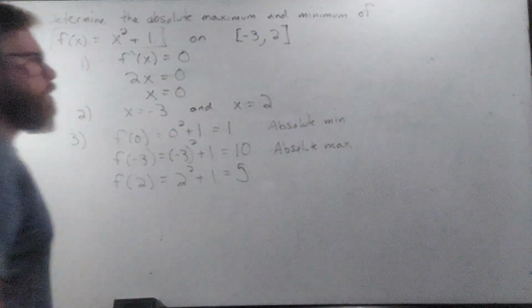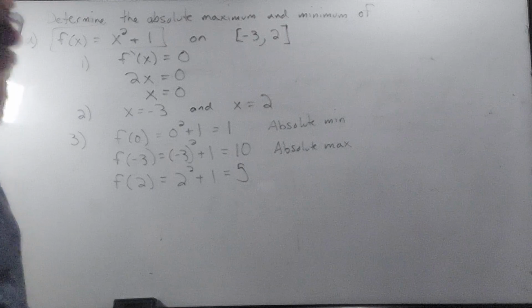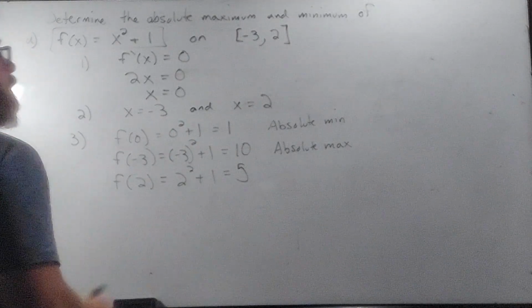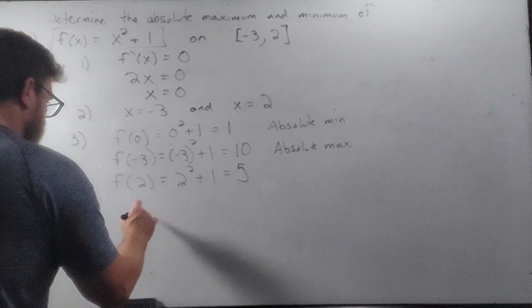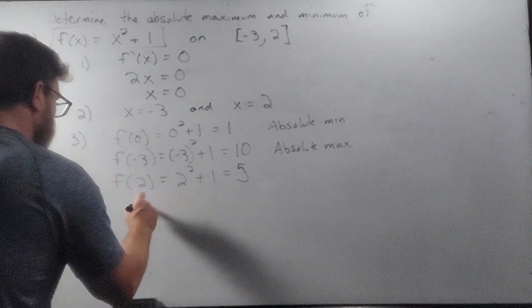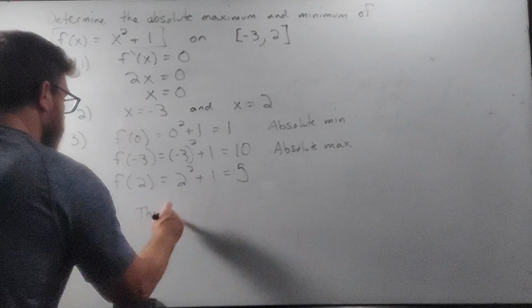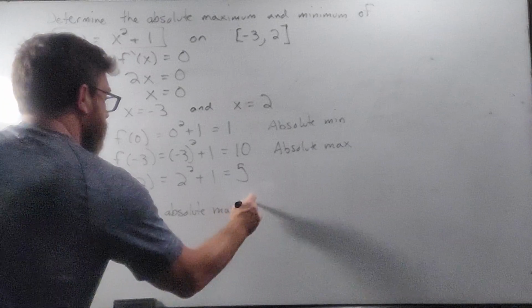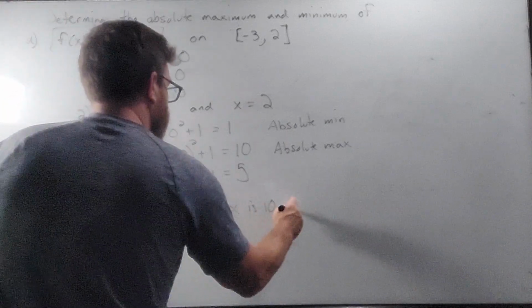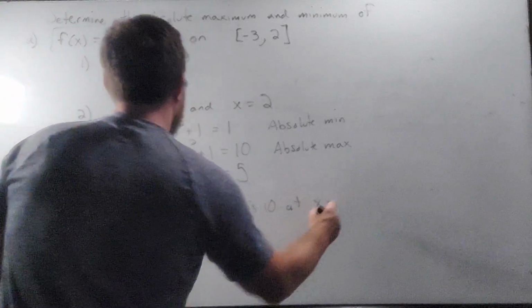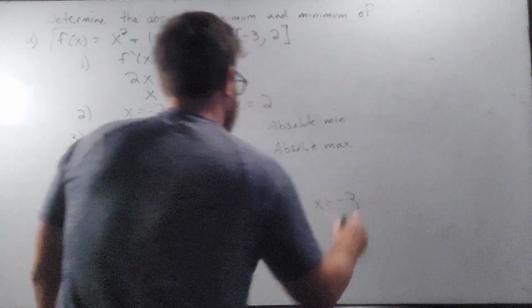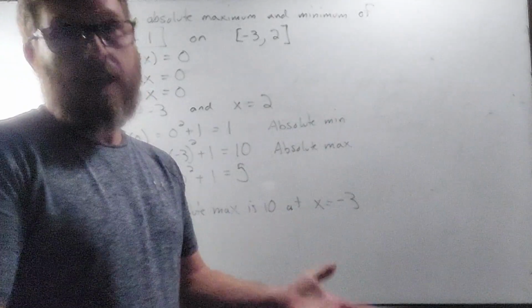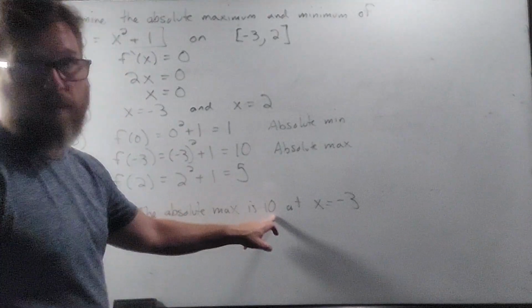Now they might want more than that. In the next couple examples, I'm just going to label this as the absolute max and this as the absolute min. But some people might want you to say the absolute max is 10 at x equals negative 3. So really when we're talking about a maximum and minimum, we're mostly identifying its output value, the maximum this thing reaches.